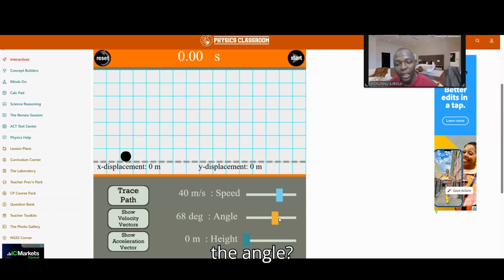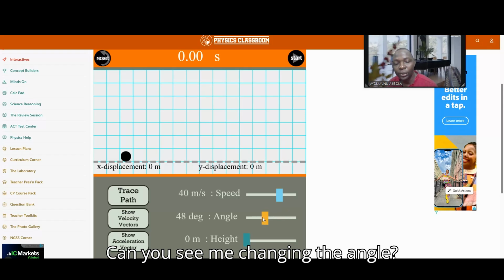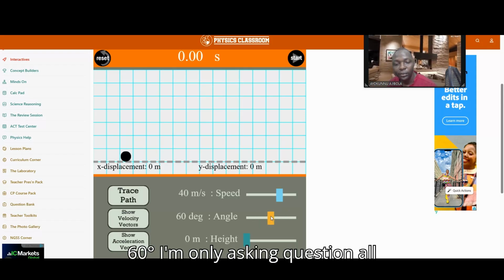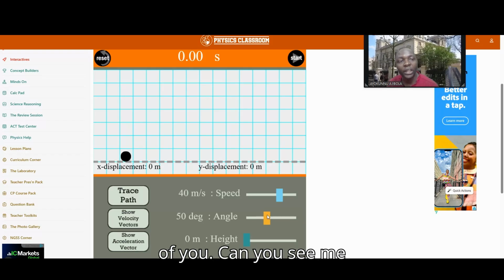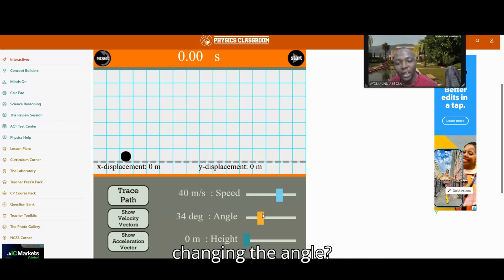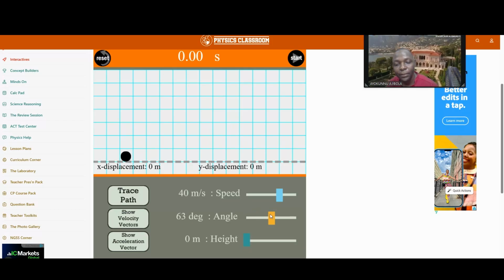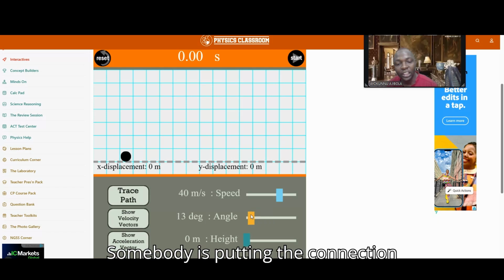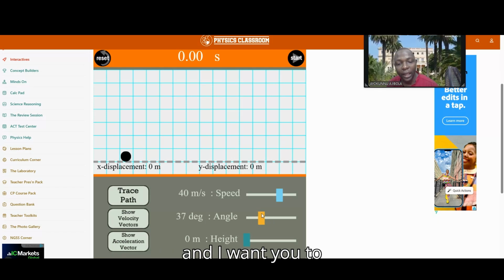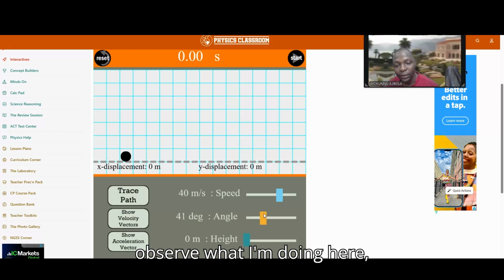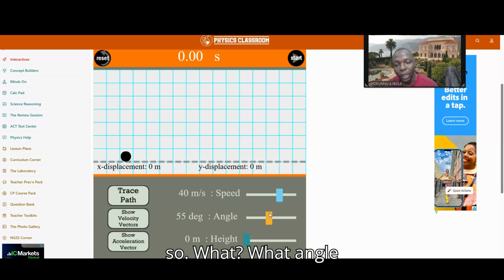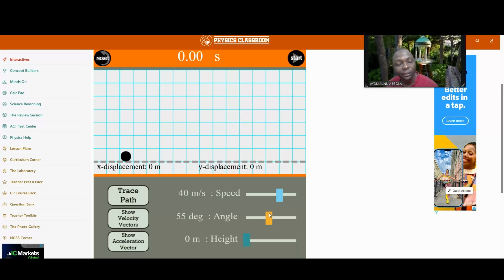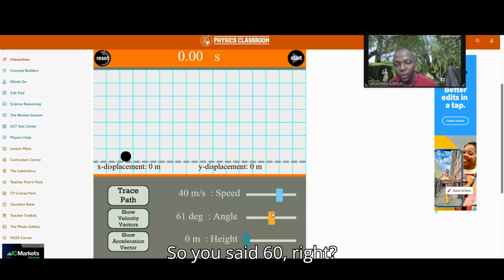Can you see me changing the angle? I want you to observe what I'm doing here. What angle is it right now? 55. So you said 60, right?